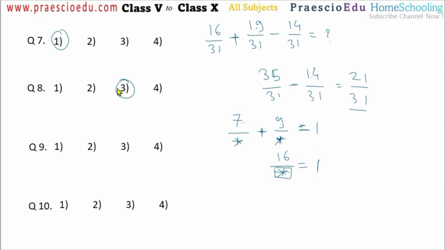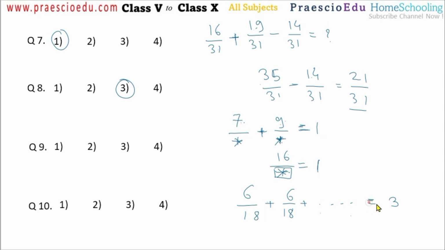Now question number 9: for getting 3 as a sum, how many times will you add 6 by 18 to 6 by 18? This 6 by 18 is there, and we have to find how many times we add it so that we get the answer 3. Everywhere the 18 is there.